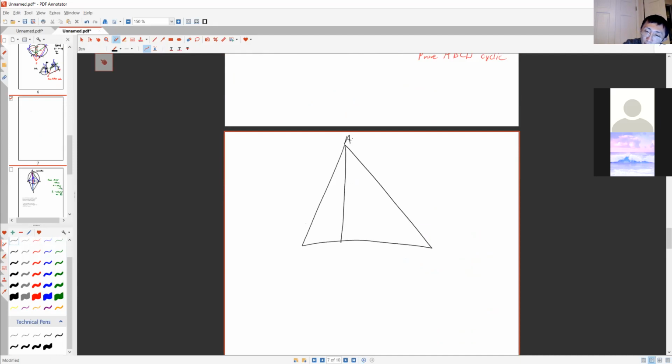you have the height from A and you have the line to the circumcenter. So let's say that's the circumcenter. And then I'll just draw the angle bisector to see that it's reflected over. You can see that these are isogonal because if this is angle B, this is 90 minus B. And since we drew the circumcenter, this circumscribes that arc, so this central angle is 2 times angle B, angle ABC.